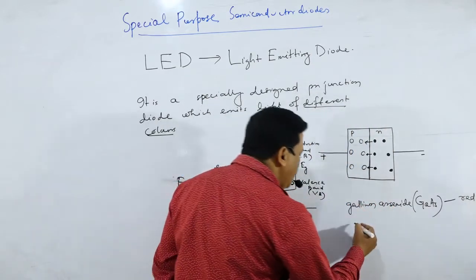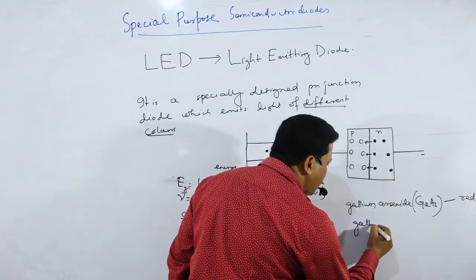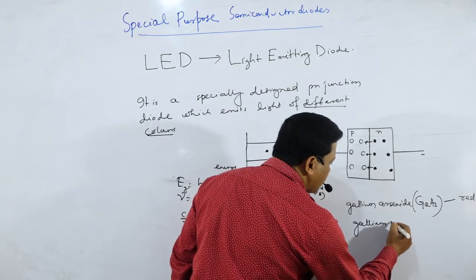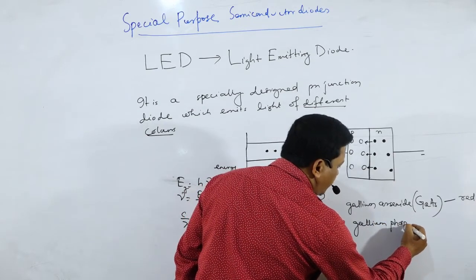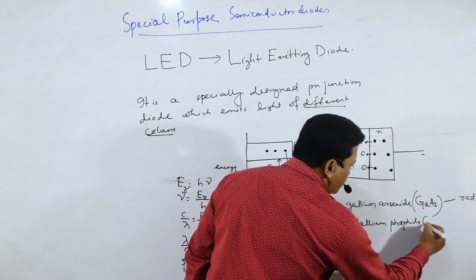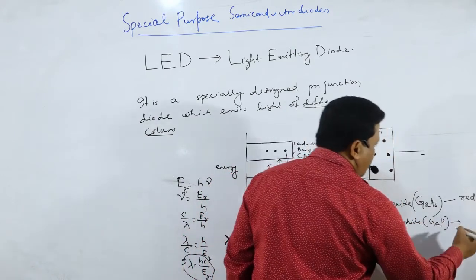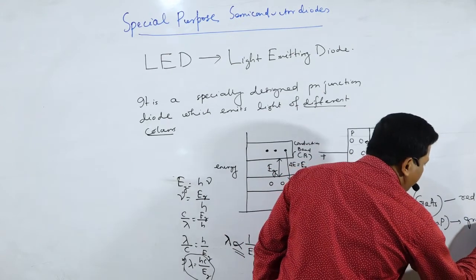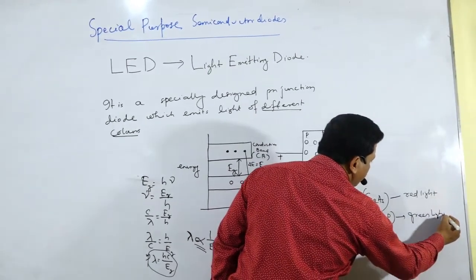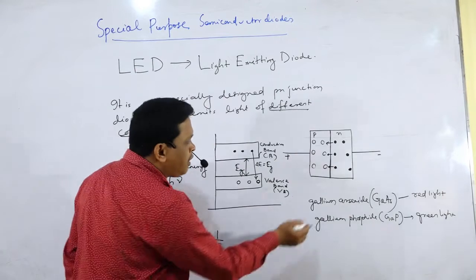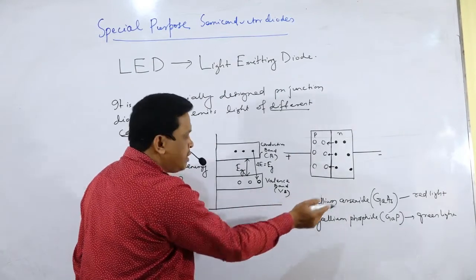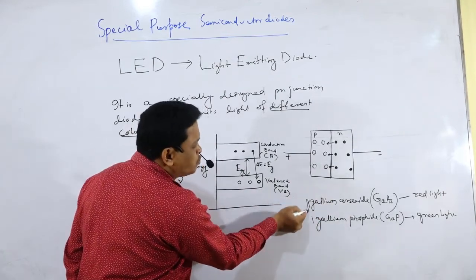But if we use gallium phosphide, then green light will be emitted. So see how the color of the light depends upon the material used.